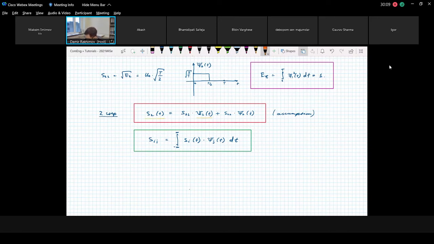We don't know the scalar S21, but we can find such a scalar by the expression below, and we don't know S22 and psi2. And actually, this is our goal, to find psi2. So our goal is to find the second basis function, and we're going to calculate it.